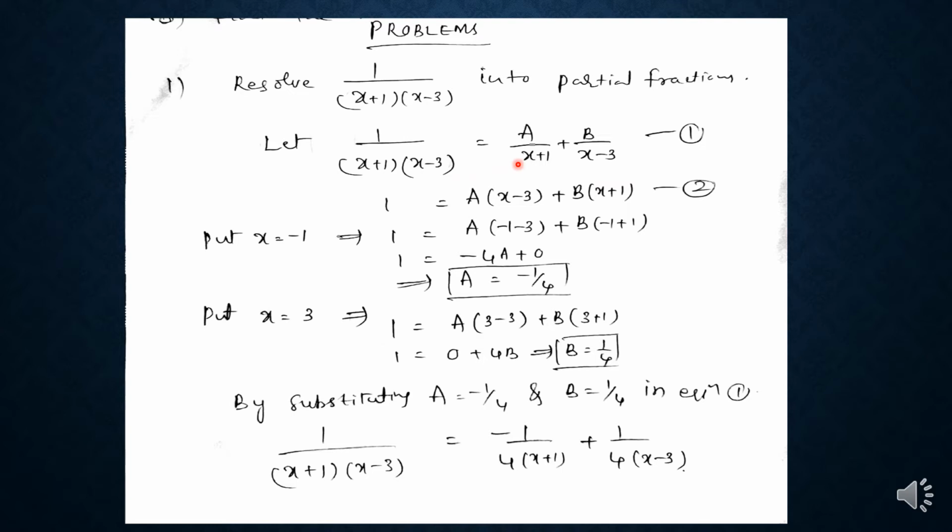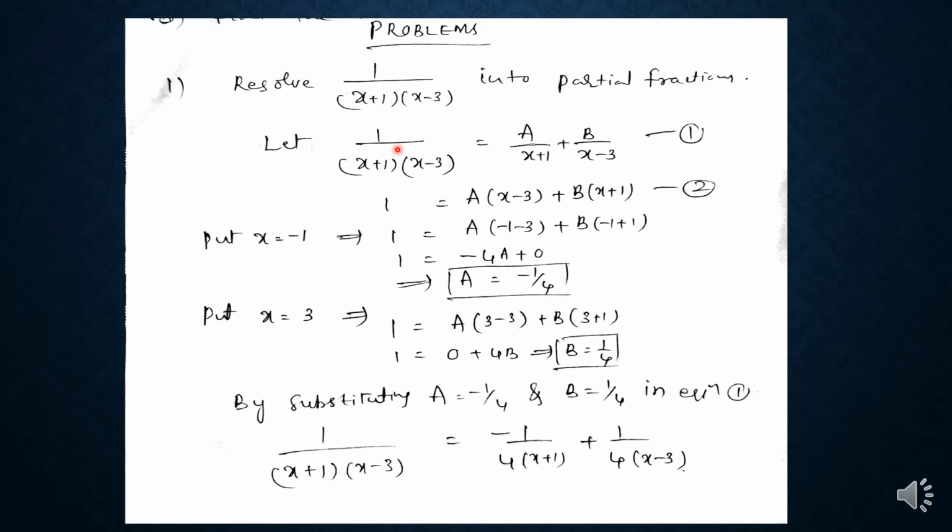By taking the LCM here, we will get A into (x minus 3) plus B into (x plus 1), divided by (x plus 1) into (x minus 3). By equating both sides, these denominators are equal, so we can cancel them and equate the numerators.